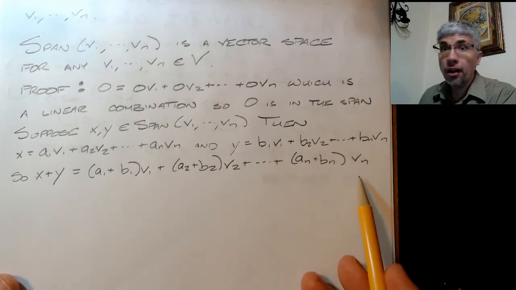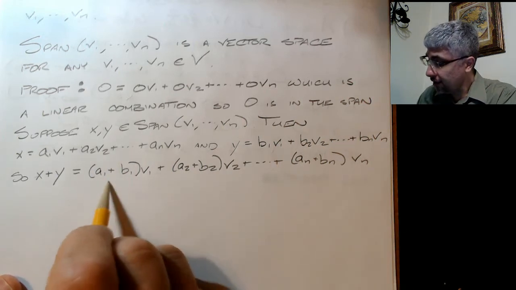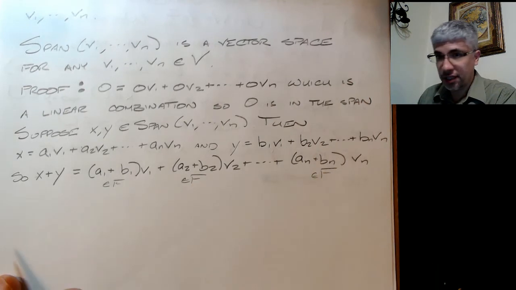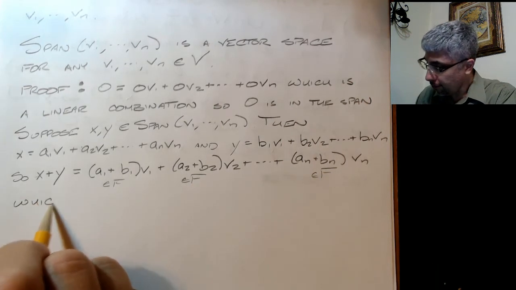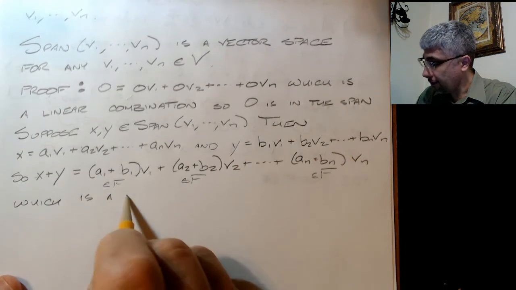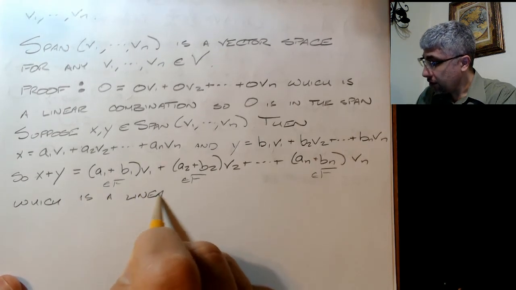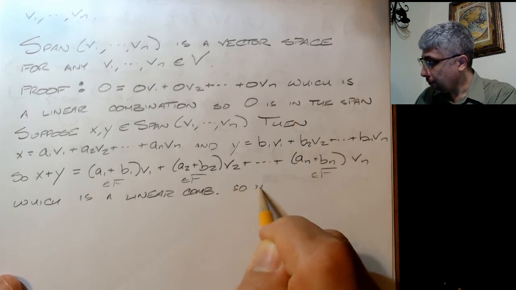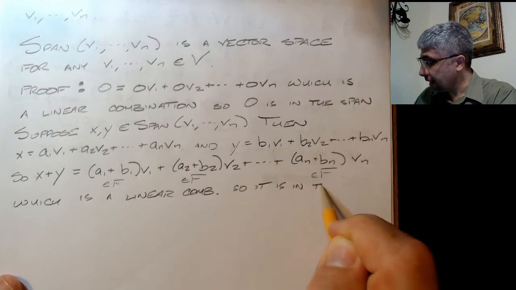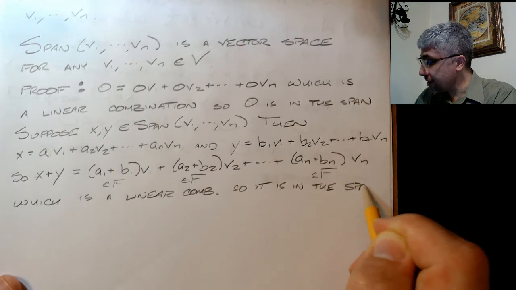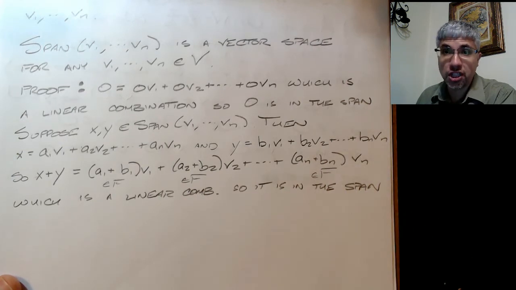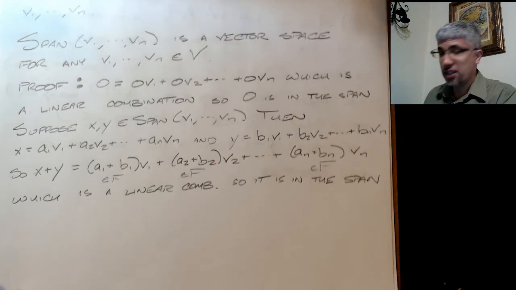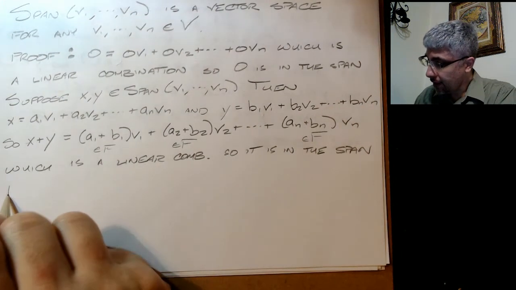So what do we have? Oh my gosh, these are all in the field. This is in the field, this is in the field. What do we have? We have a linear combination. So it's in the span. And that's what we wanted to show, because we're trying to show that the span is closed under addition and scalar multiplication. So let's do that next.